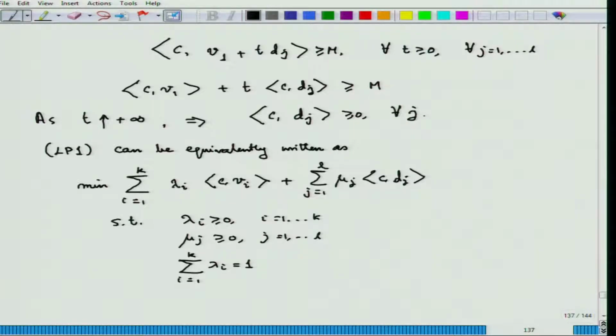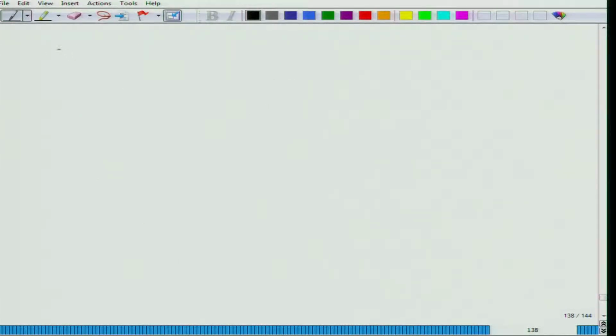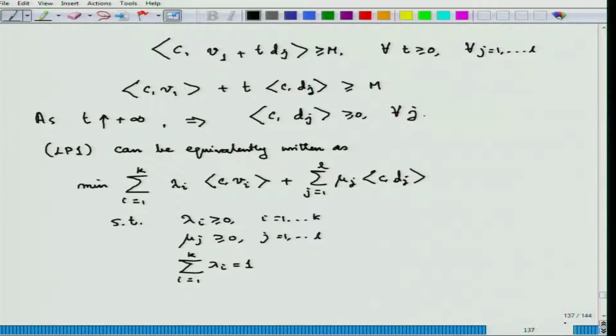Now, knowing that this is greater than or equal to 0, what should I get? I should get the following. Because if you look at this, to this quantity lambda i C v i, we have added a non-negative quantity.